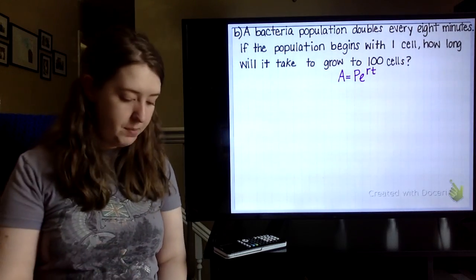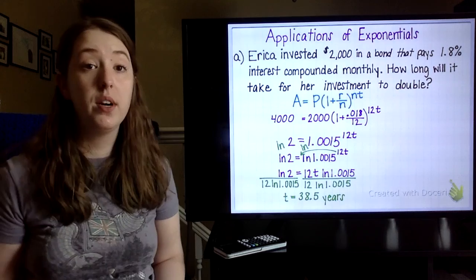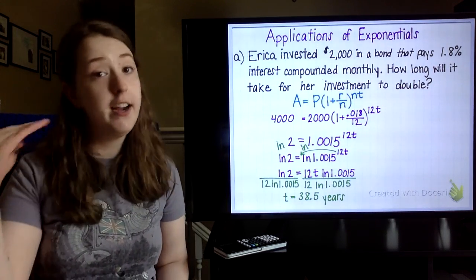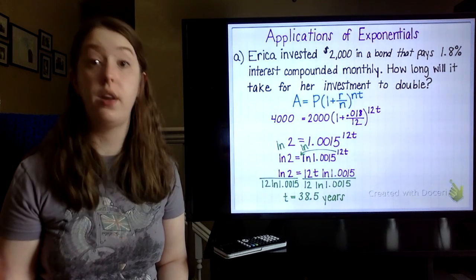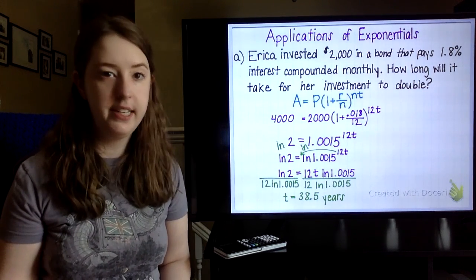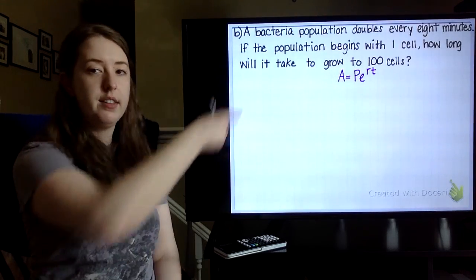The only time you are going to use the other equation is in a situation where something is compounded on an arbitrary basis, so monthly, yearly, quarterly, things like that. Otherwise, we're going to rock this guy.